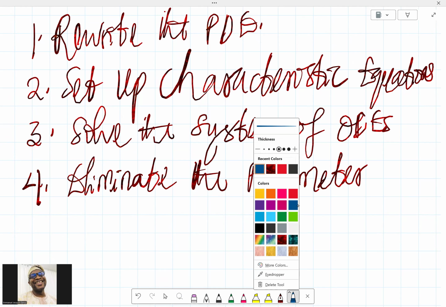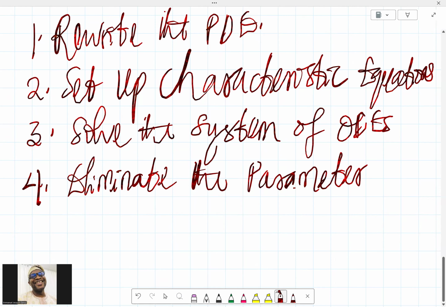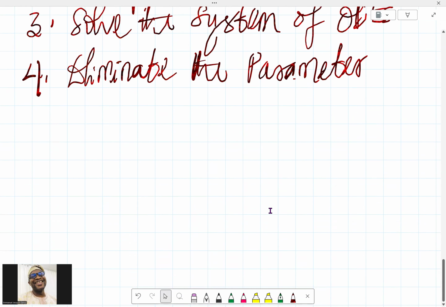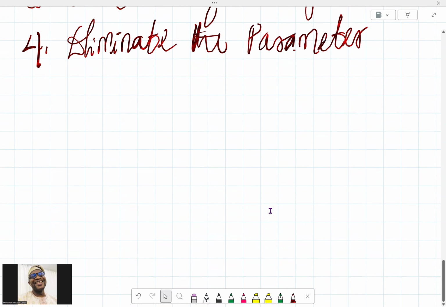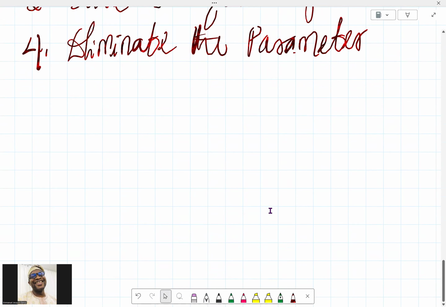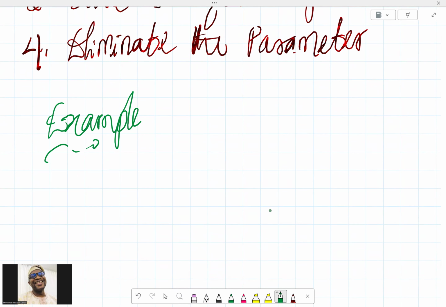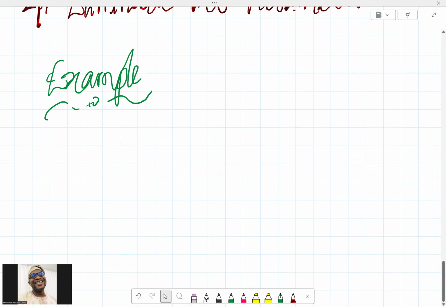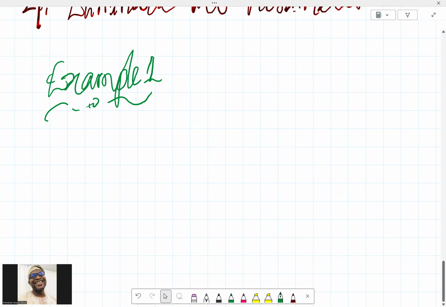Let's switch over now, and that comes with an example. Example one for quasi-linear; the other will be example two.